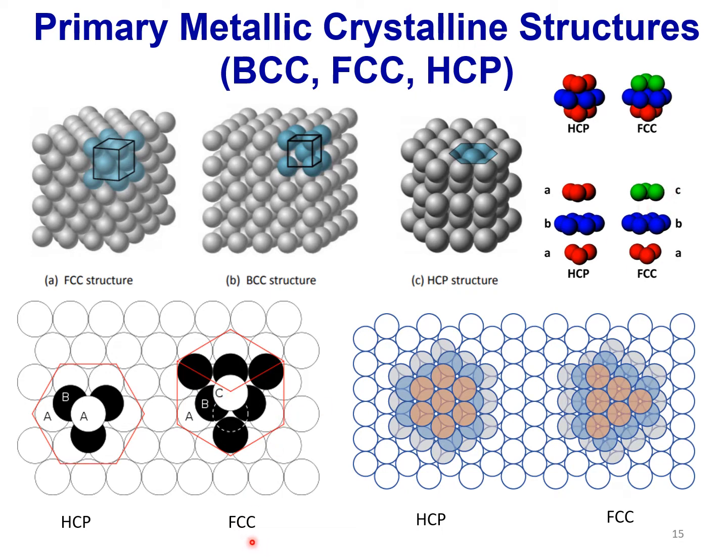And that's FCC. So that's the only difference between hexagonal close packed and face-centered cubic. And it's often very easy. You can understand a lot about these structures just by building a ball model, or imagining a ball model, and then considering how things like glide operations would operate.